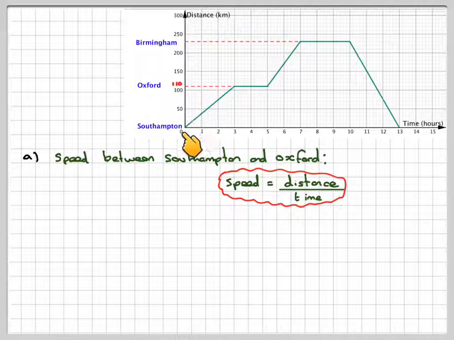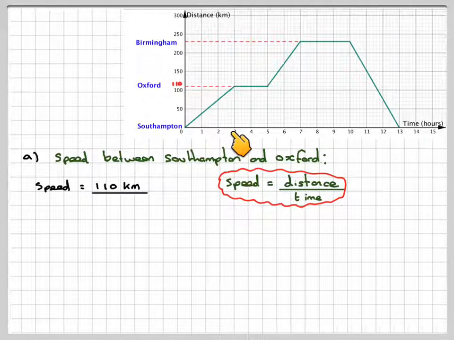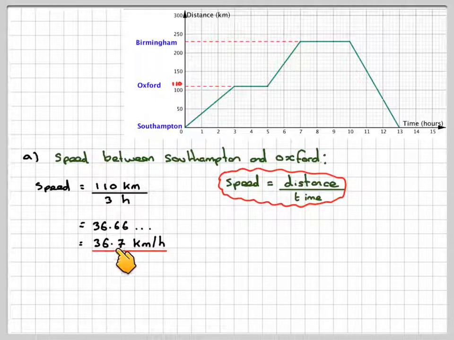So the speed is actually given by the gradient of the graph. And we can see here we've done 110 kilometres in 3 hours. So we need to do 110 divided by 3, which gives me 36.66 on my calculator, which will be 36.7 kilometres per hour.